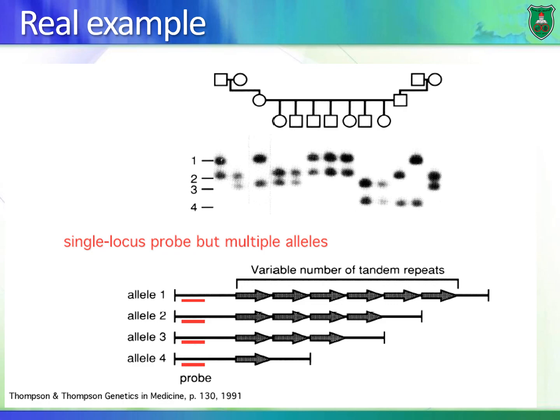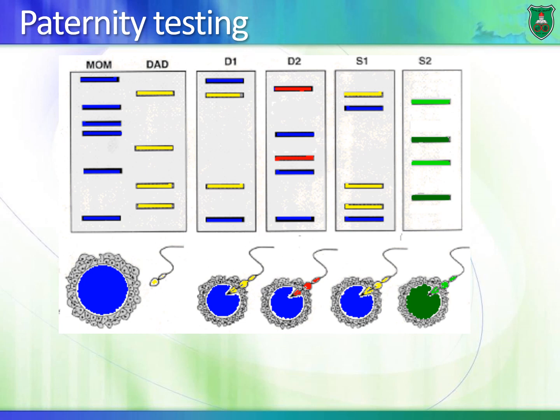Okay. Now, so we can use this for paternity testing. Same idea as I showed you before in the previous lecture, or in this one right here. You can see the pattern between the parents versus children. Okay.